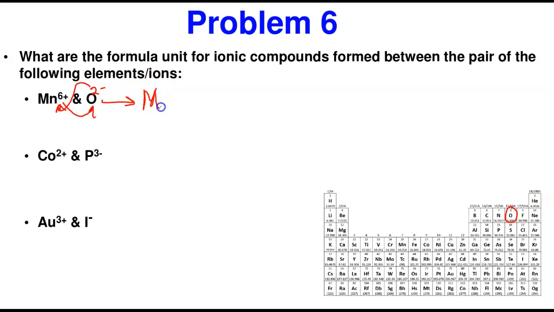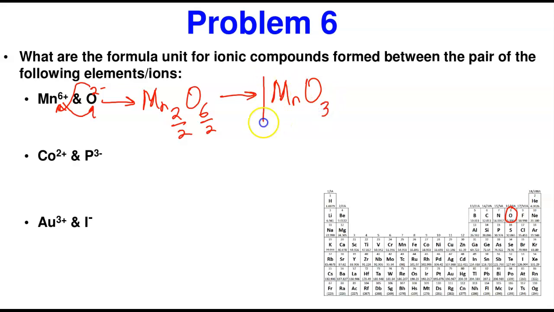Manganese will become Mn, will take the 2 here. Oxygen will take the 6 of manganese. Again, look at that same problem we counted. This can simplify further. So I'm going to divide this by 2 and divide this by 2. It's going to give me manganese now becomes 1 and oxygen now becomes 3. This becomes the actual formula of this compound and not this.